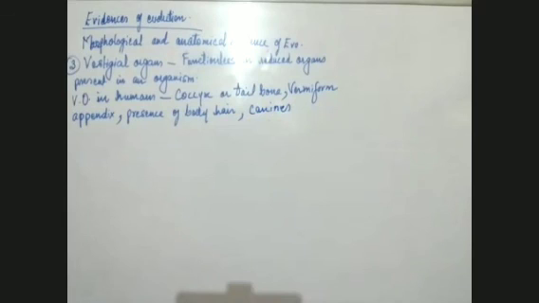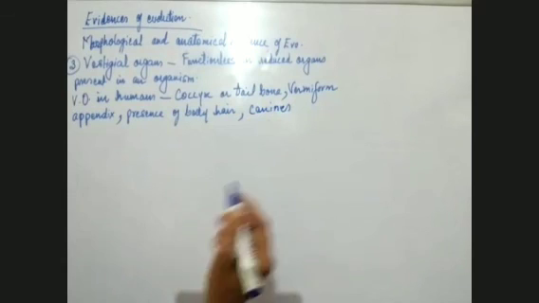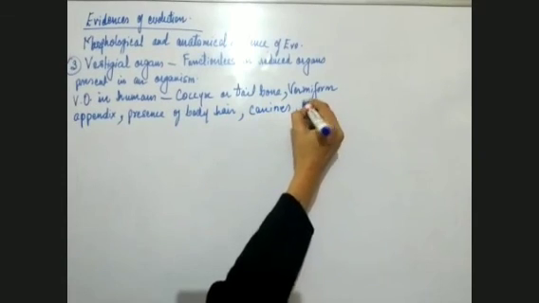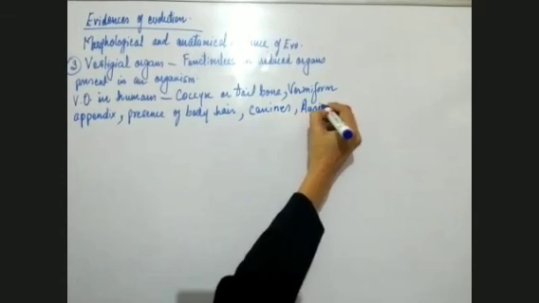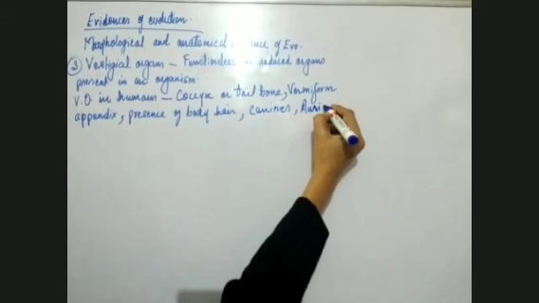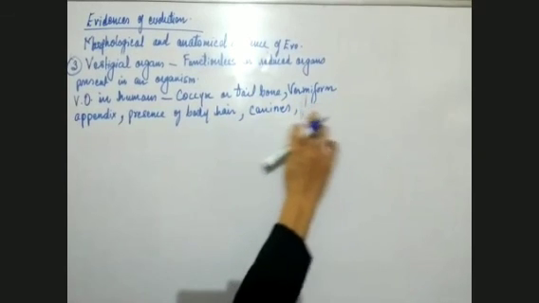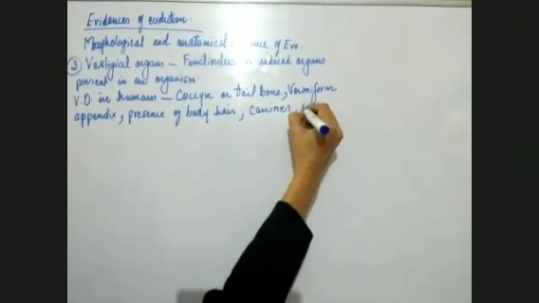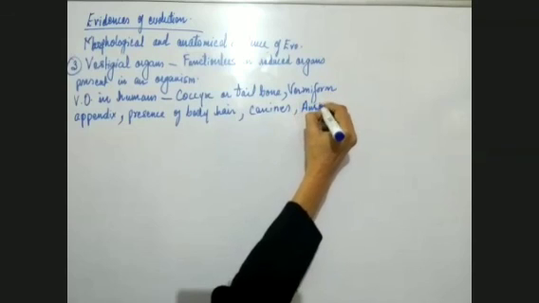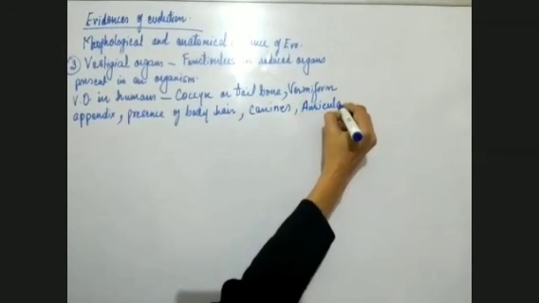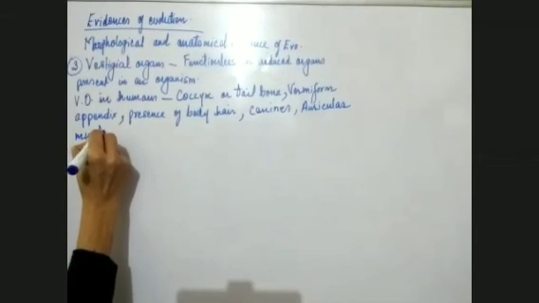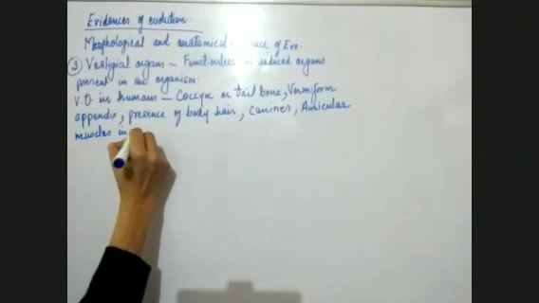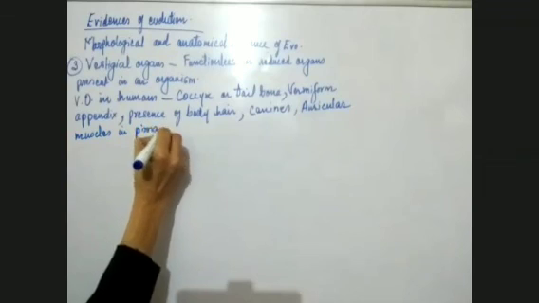After that, we have the auricular muscles in the pinna. Pinna is the external ear.